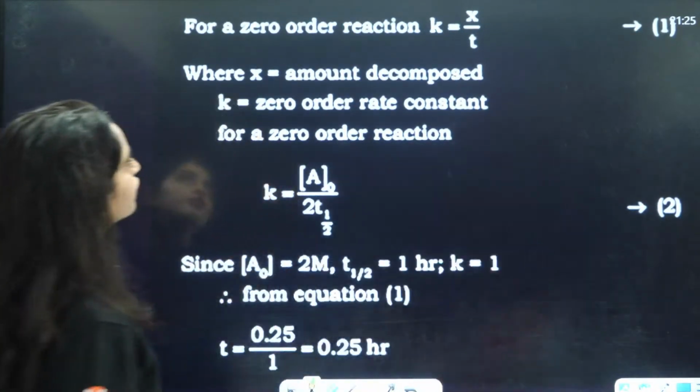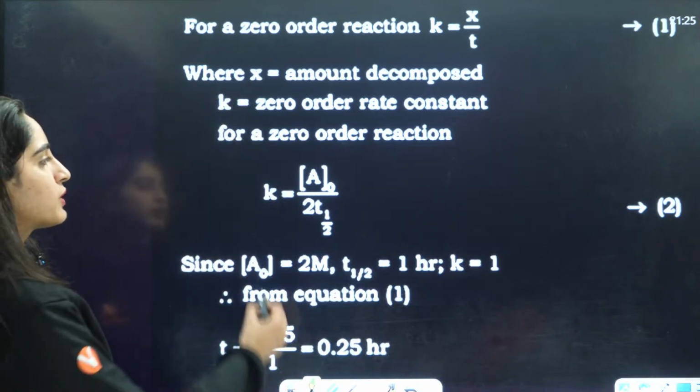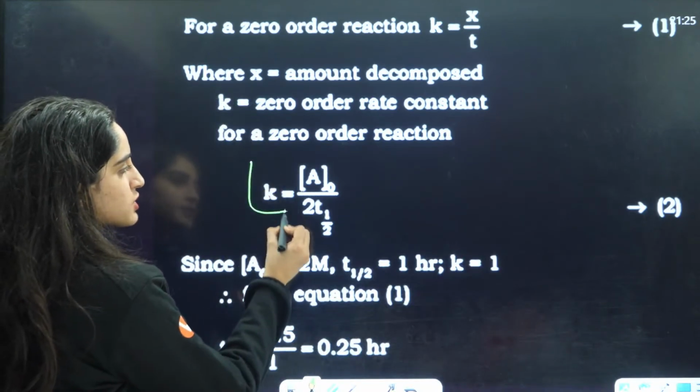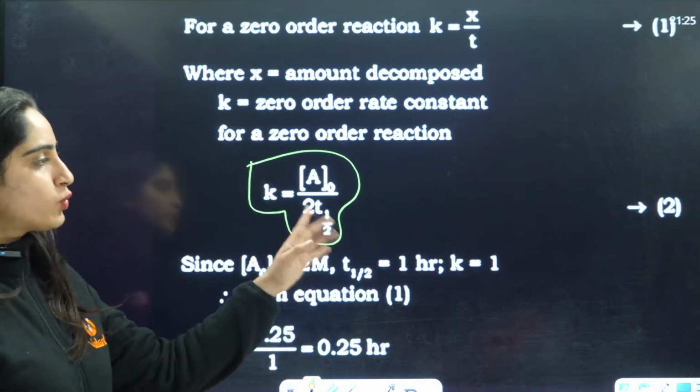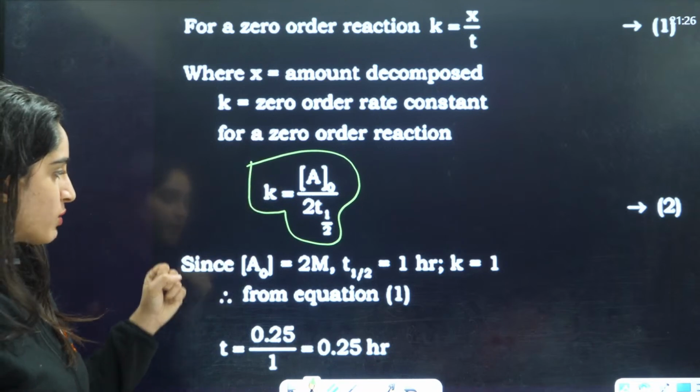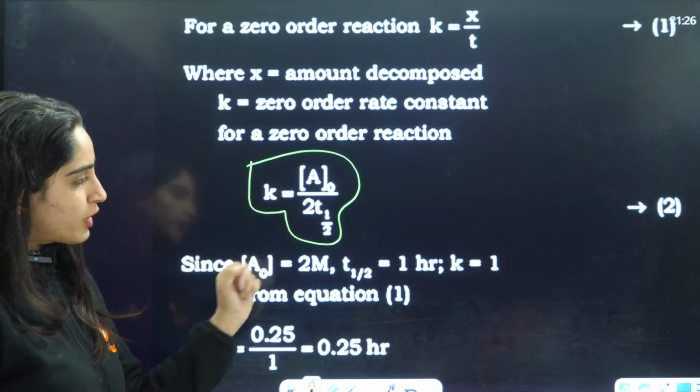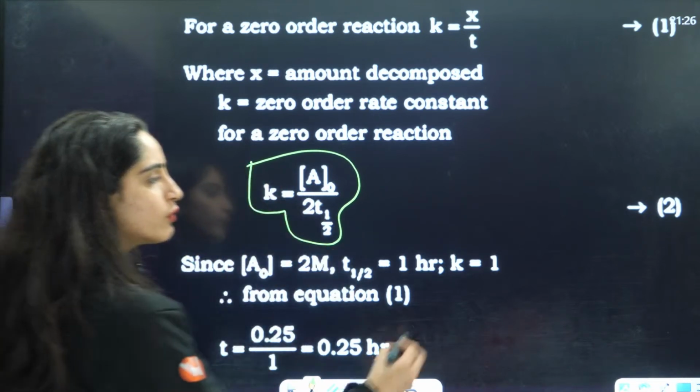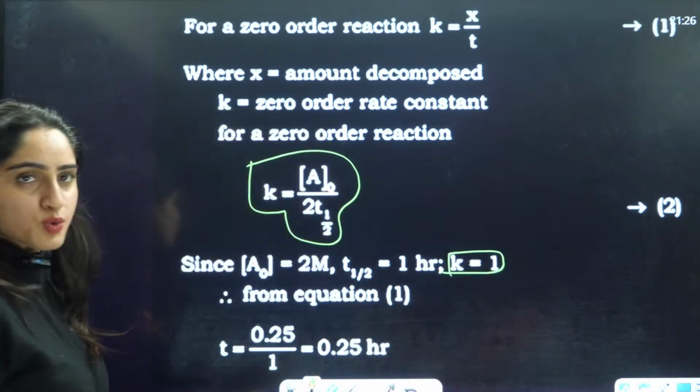For a zero order reaction, the formula is K is equal to A naught by 2 T half. Putting the value of A naught and the value of time here, you will get the rate constant as 1.